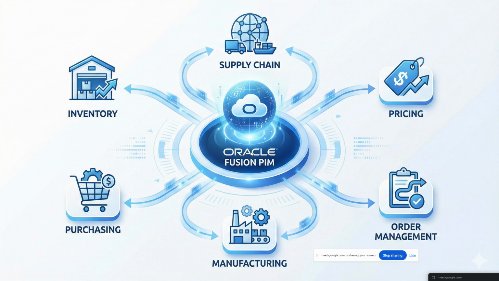The same item will be available in different places. What attributes do you need to enable for the item to be reflected in order management? What item attributes do you need to enable to reflect that item in purchasing? Those details we can see in the coming sessions. First I'm explaining the standard process of Oracle PIM. What are the important components we have in the Oracle PIM module?